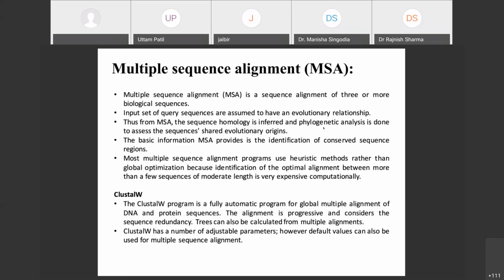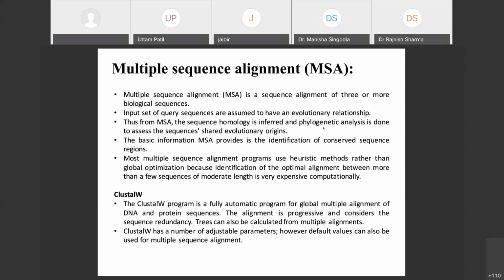As I said, one important application of this sequence alignment is the creation of phylogenetic trees, and this software can calculate these trees. Another important thing is it has a number of adjustable parameters. However, for beginners, default values can be a good starting point.